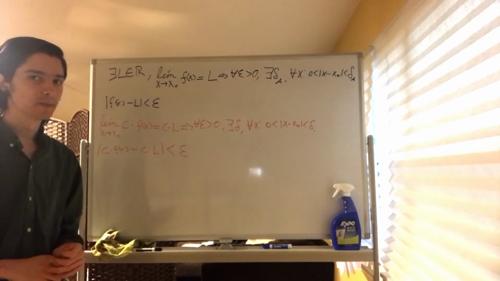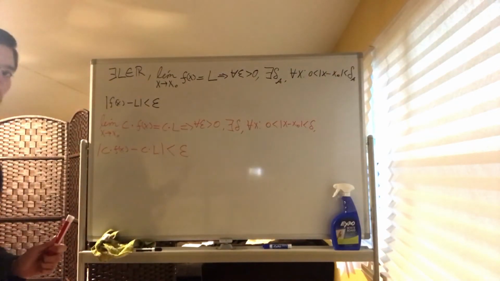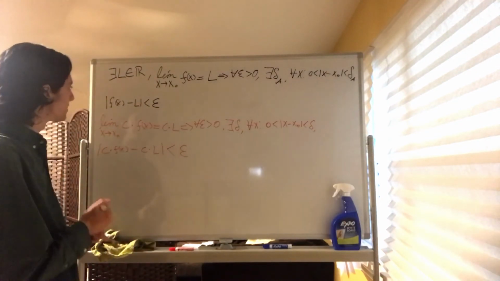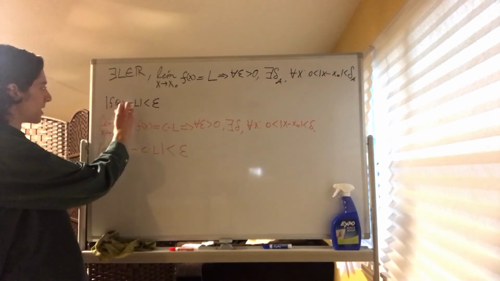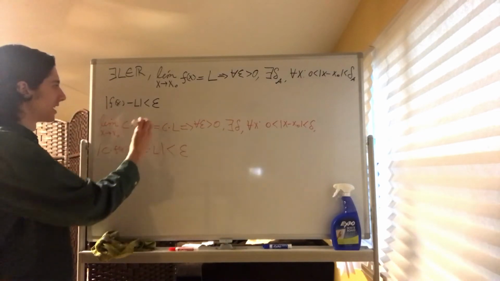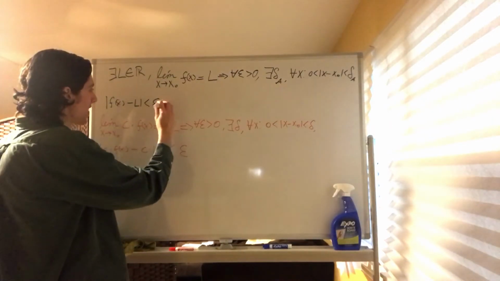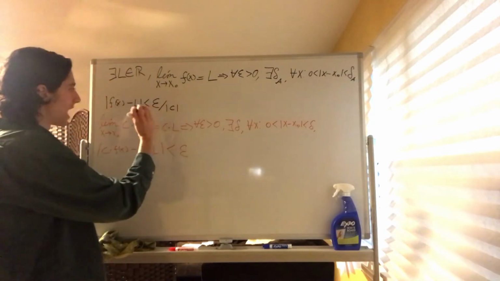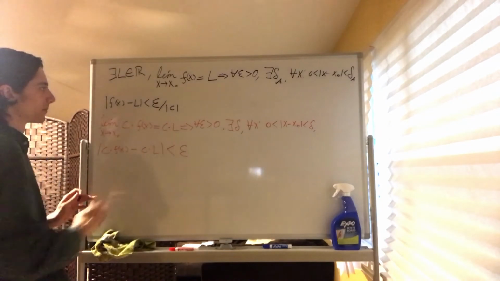So this all looks good. There's one more thing that I want to add. Instead of saying that the distance between f of x and L is less than epsilon, I'm going to add that it's actually less than epsilon divided by the absolute value of c.